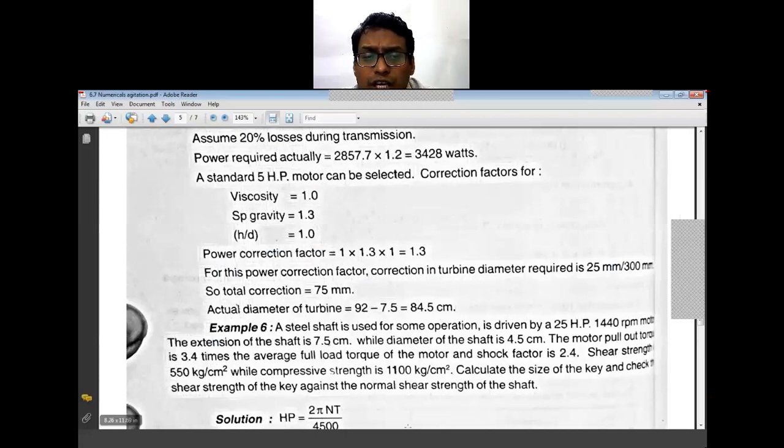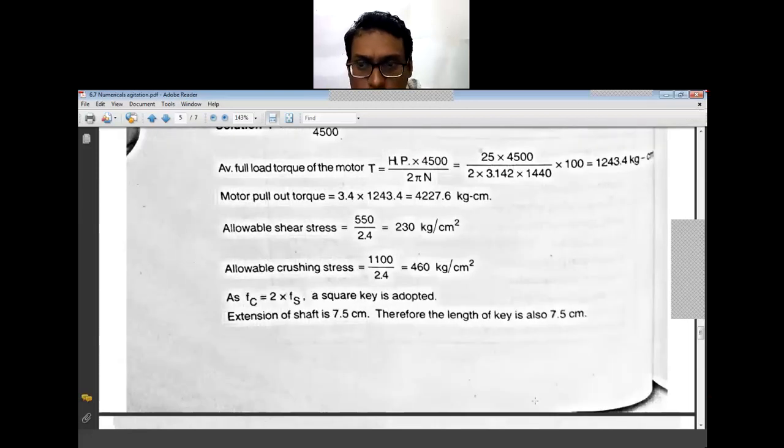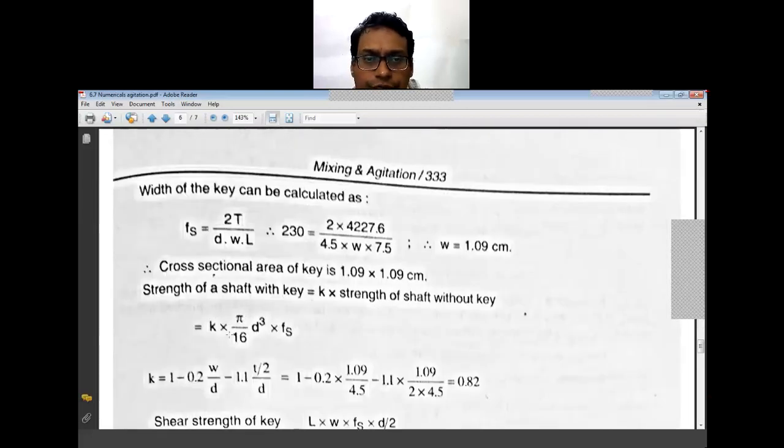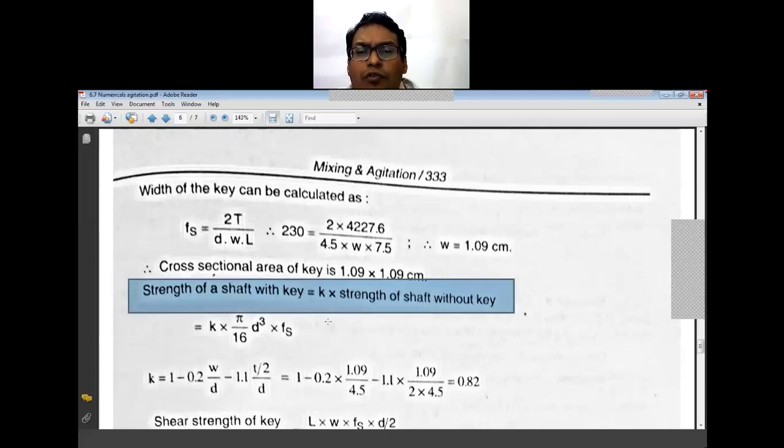Now also calculate the size of the key and check the shear strength of the key against the normal shear strength of the shaft. The strength of the shaft with key upon the strength of the shaft without key is equal to K. So K is the ratio of the strength of the shaft with key and the strength of the shaft without key, which is considered to be 75%.